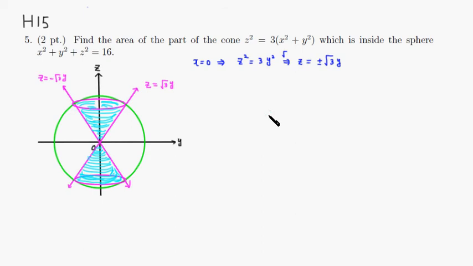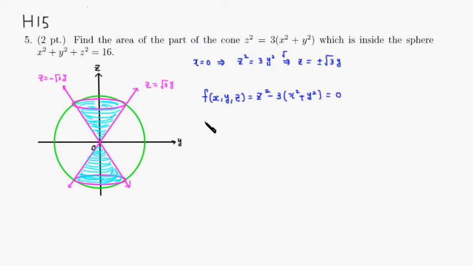So we just find the area of the one piece, and then multiply by 2. First we have to find the secant of gamma. Again I'm going to rewrite this equation: f of x, y, z is going to be z squared minus 3 times quantity x squared plus y squared equals 0.